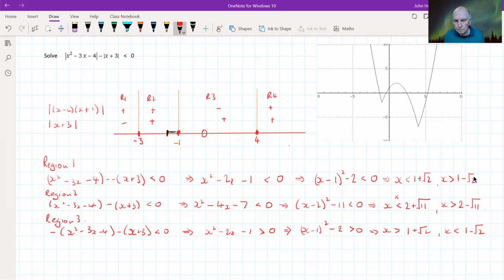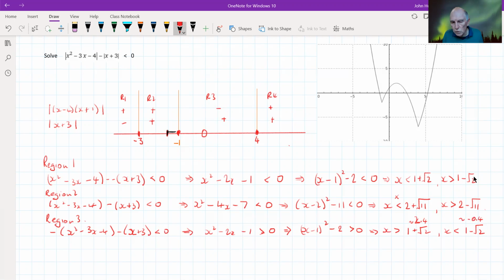Now then, this first value here, 1 plus root 2, is about 2.4, and this is around about negative 0.4 here.